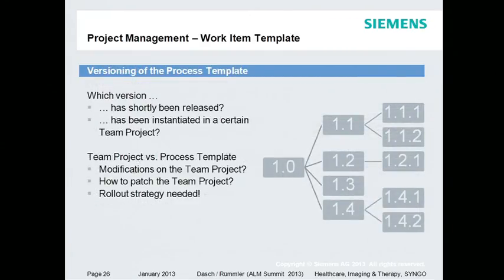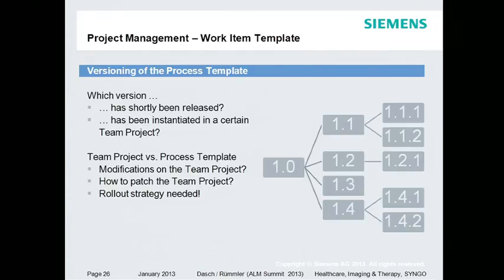The last thing I would like to mention in regard to project management, and especially using work items with Team Foundation Server, is that this can become a complex task, even if it was not intended to be that complex. And the reason for this is quite simple.